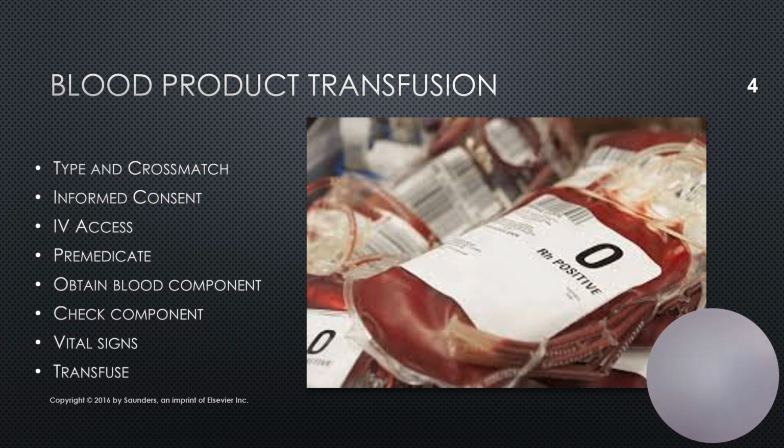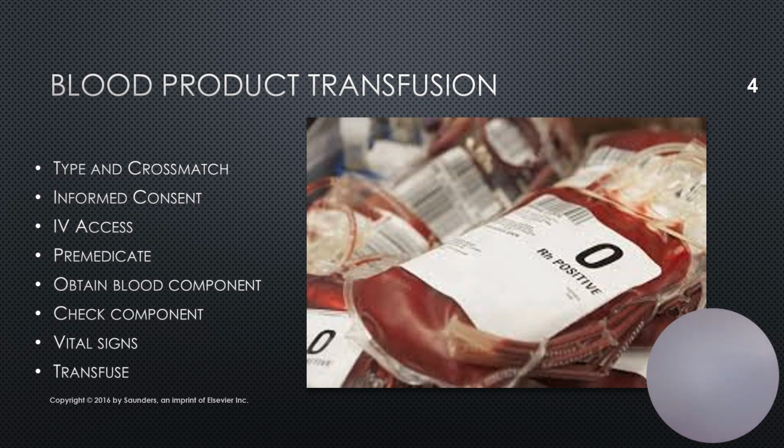Once that blood component has been obtained, we check it against the orders at the client's bedside with a second licensed professional. So basically, we match the following to what is on the blood ticket attached to the unit per the facility protocol.